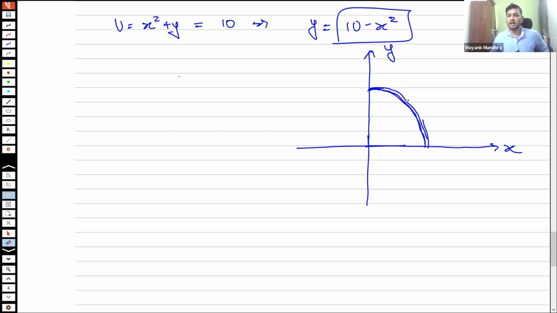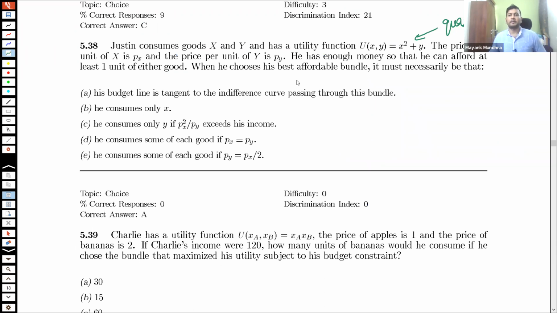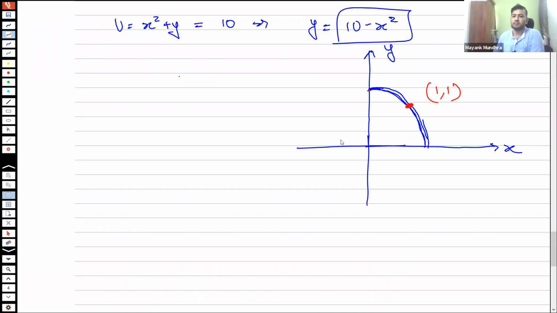So he has a budget line which passes through the point 1, 1. So let's say this is the point 1, 1. So he has a budget line which passes through this point. So when he chooses his best affordable bundle, then it must necessarily be.